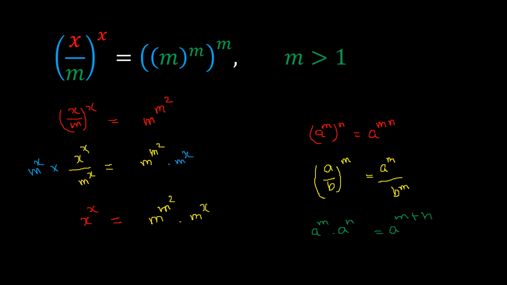By using this rule, we get m raised to power x plus m squared. So we end up with an equation that says x raised to power x equals m raised to power x plus m squared.